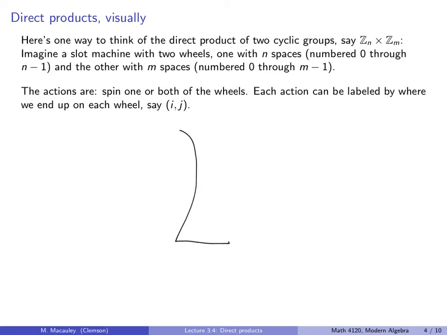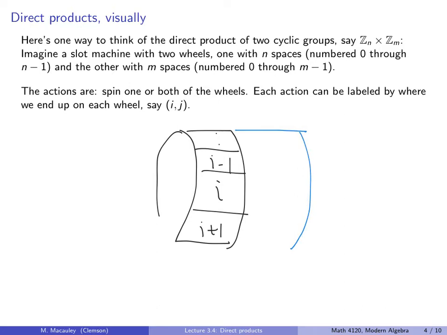Let's suppose that we have this wheel right here. Maybe this is slot i, and this is slot i plus 1, and this is i minus 1, dot, dot, dot. And maybe right next to it is a wheel that we can spin. And maybe we ended up at j, and this is j plus 1, and j minus 1, and so forth.